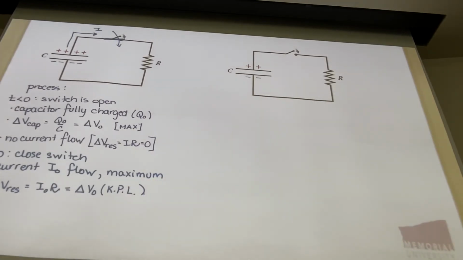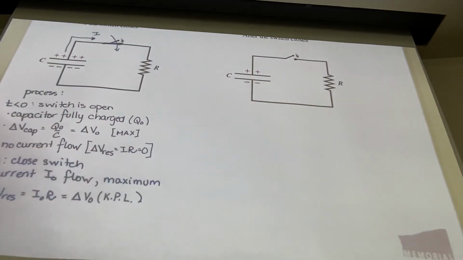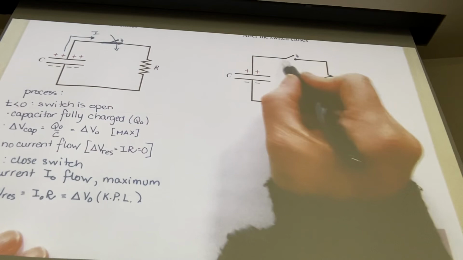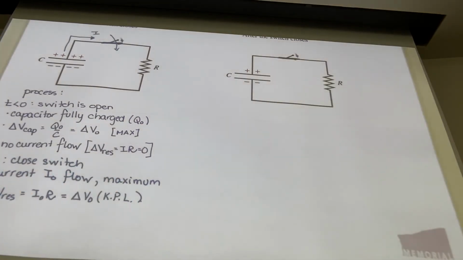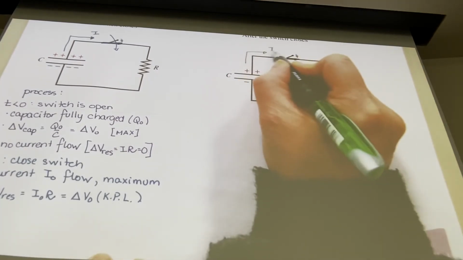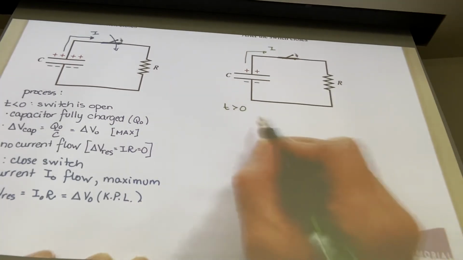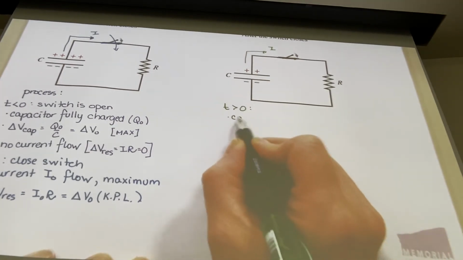Then after a little bit of time, some of the charge is depleted, but not all of it. So after some extra time, and it's still closed, our current is still flowing. So t greater than 0. Our capacitor is losing charge.